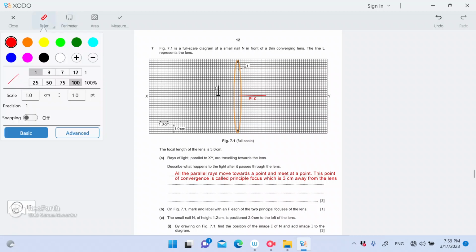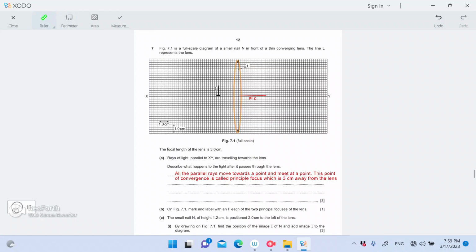So from the lens, the length is 3 centimeter. Okay, and this side also 3 centimeter. Yeah, 3 centimeter.